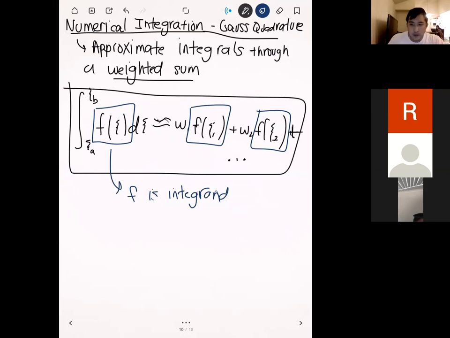But actually, the most time-consuming part of performing an integral is performing that antiderivative of the integrand. And so the idea with Gauss quadrature is to say that we're not going to bother finding the antiderivative of the integrand.